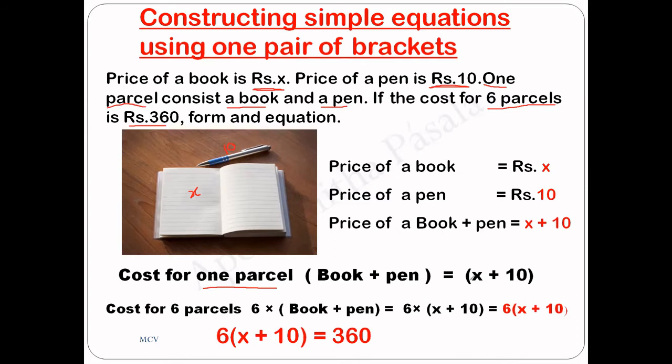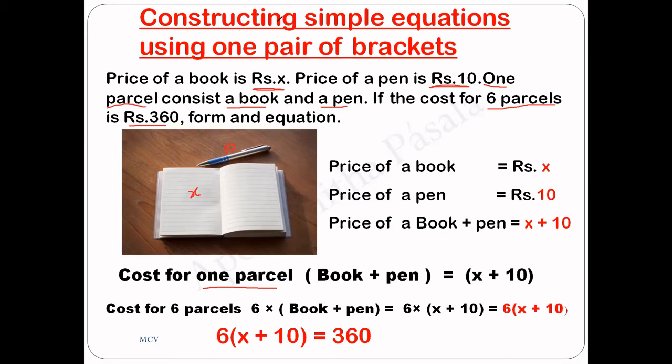Book plus pen, that means X plus 10. So you can put brackets here because both pen and book are in the same parcel. So put brackets. Write the two terms within brackets: X plus 10.